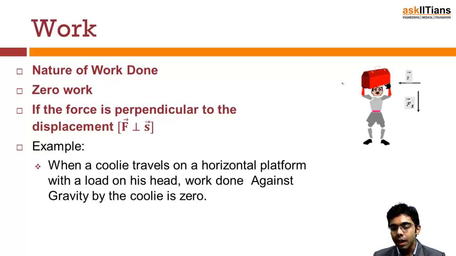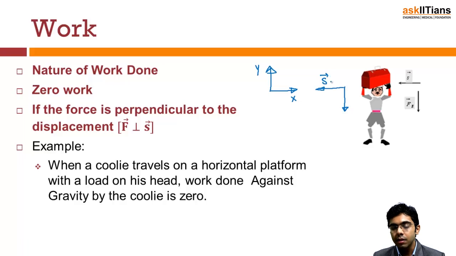The gravity force is acting in the downward direction, and the porter is moving along this direction. If this is my y-axis and this is my x-axis, the displacement is along the minus x direction.